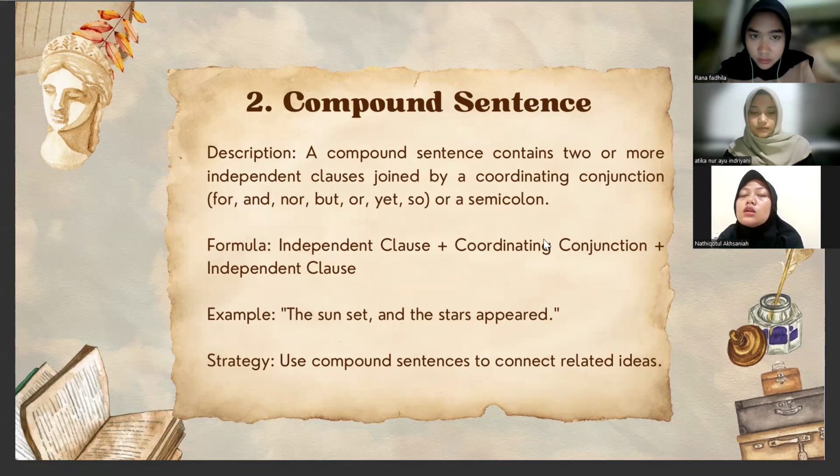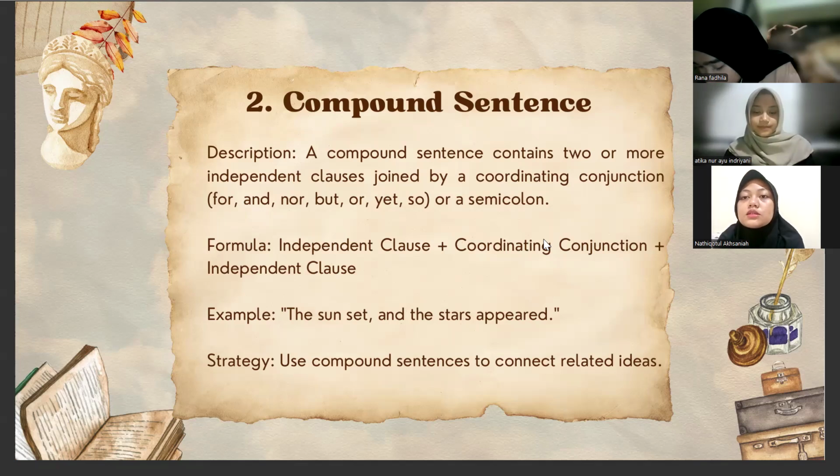The formula of a compound sentence is independent clause plus coordinating conjunction plus independent clause again. So a compound sentence has two independent clauses.